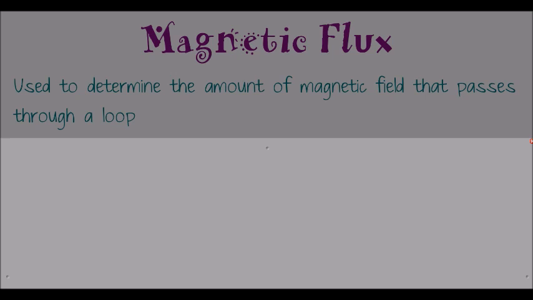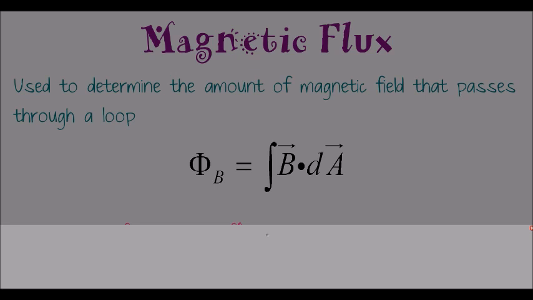So magnetic flux, similar to electric flux, is used to determine the amount of magnetic field that passes through a loop. Remember when we talked about electric flux, we talked about the number of electric field lines passing through a certain area? This is similar. We're talking about the number of magnetic field lines, this time passing through a certain area.